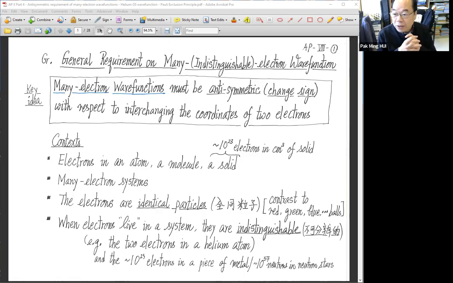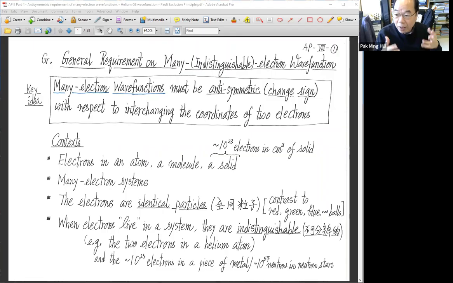Then we will see how we can implement such a requirement within our idea of independent particle approximation. So the requirement itself, as summarized in this box on the first page, is good for any way you write down the many electron wave functions. For example, it could be a very complicated n electron wave function.